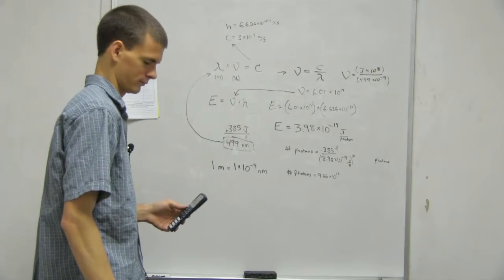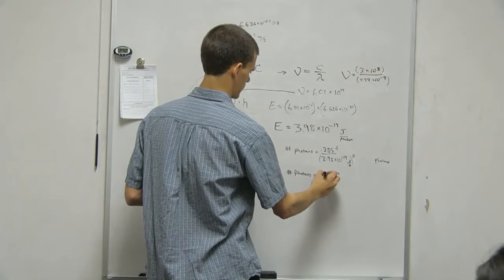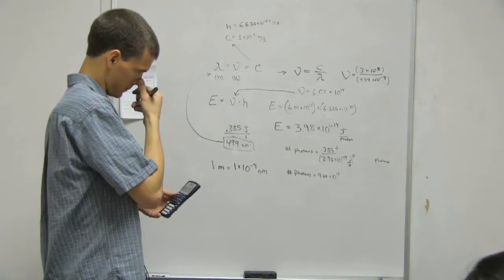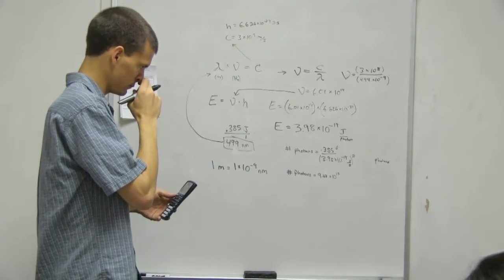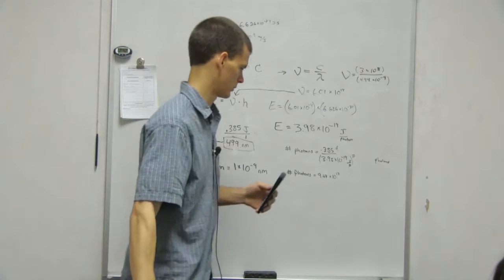Mine says 9.67. Oh, we could round to 9.67. So that's the answer for the number of photons? Yep, photons.